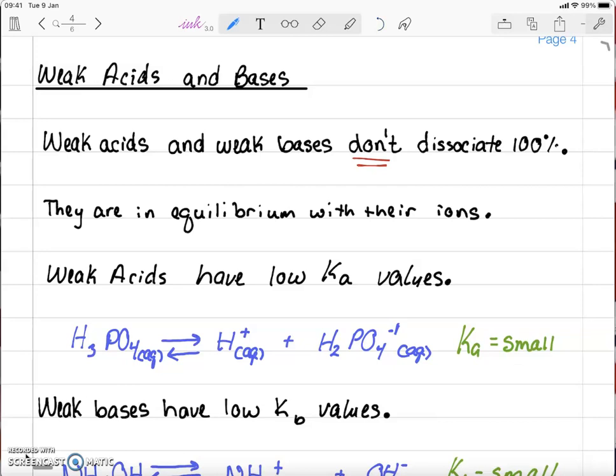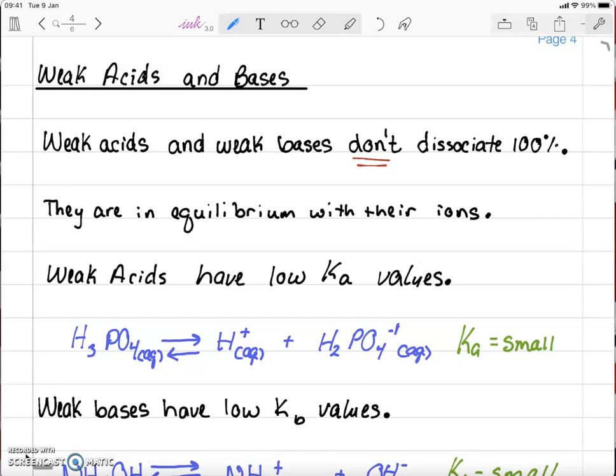Contrasting that with strong acids, which have a large Ka value, weak acids will have a small Ka value because they have this reverse reaction going on that forces the H+ and the H2PO4- back together into H3PO4. So in other words, weak acids and weak bases don't like to break apart, and they're not going to be totally reactive in that sense.